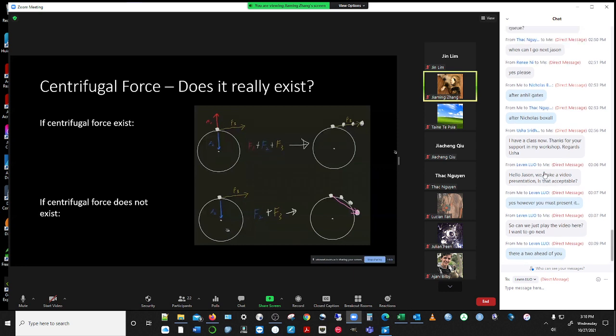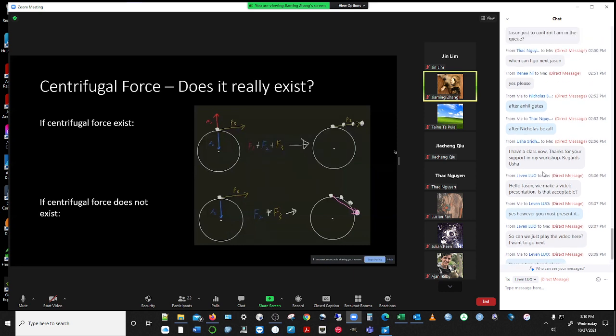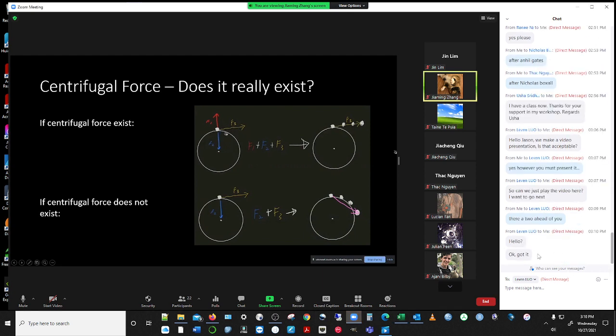And then for centrifugal force, does it really exist? We can figure out this problem by assuming centrifugal force exists or does not exist. If the centrifugal force exists, we can see from this picture, the centrifugal force is the red line, F1, the centripetal force is the blue force, F2, and F3 is just the force that drives this object to move.